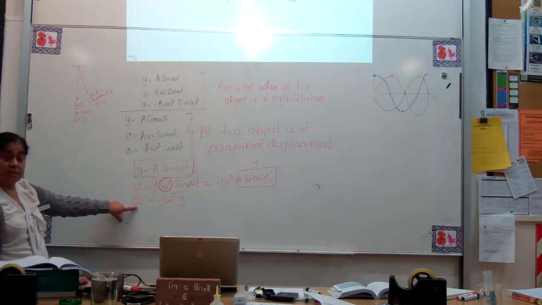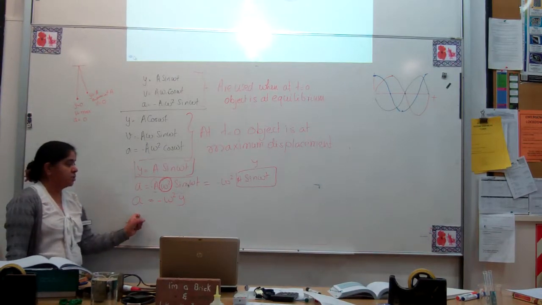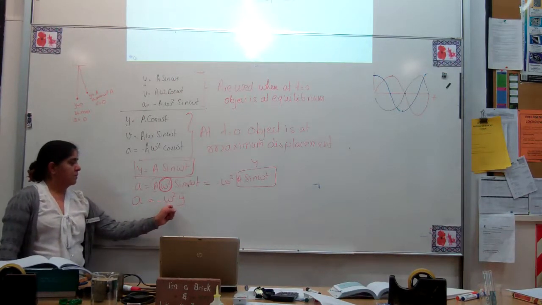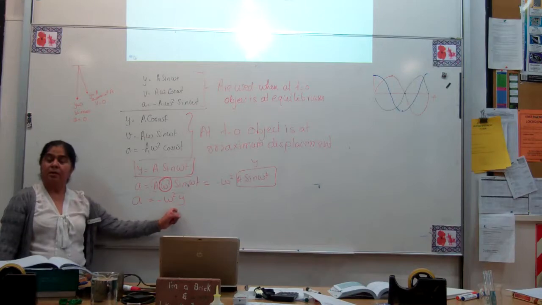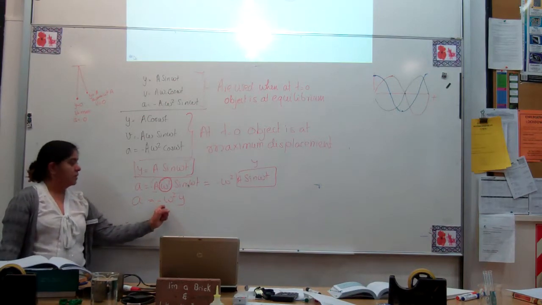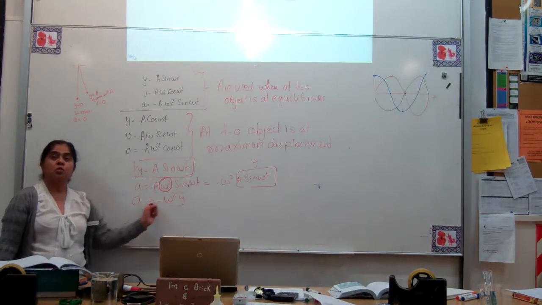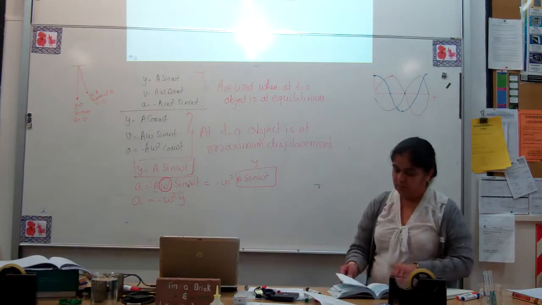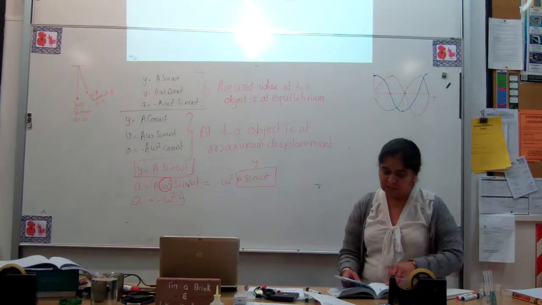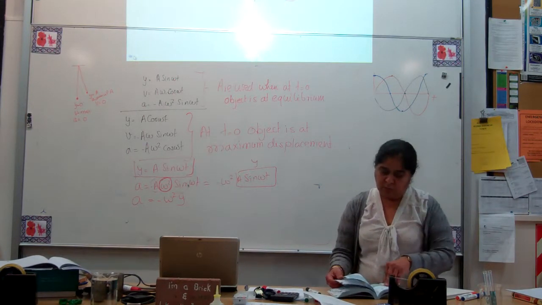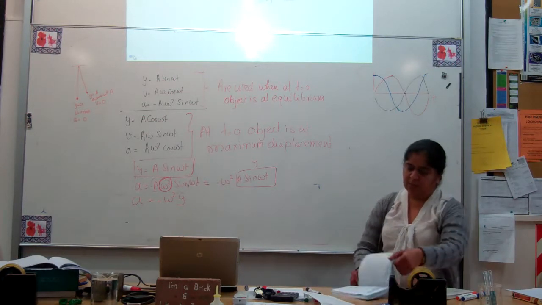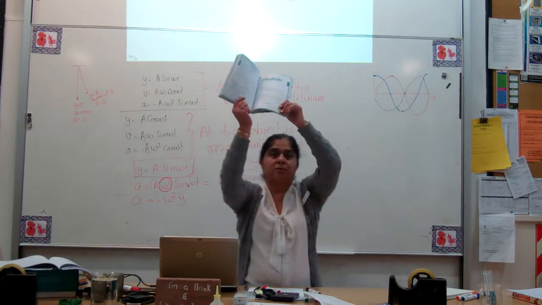And we go back to the same basic of simple harmonic motion. Acceleration is directly proportional to displacement. Constant of proportionality, angular frequency squared. Negative sign because the two are opposite to each other. And if you fail to catch up any of these in your book, page 153, there are 4 bullets given.